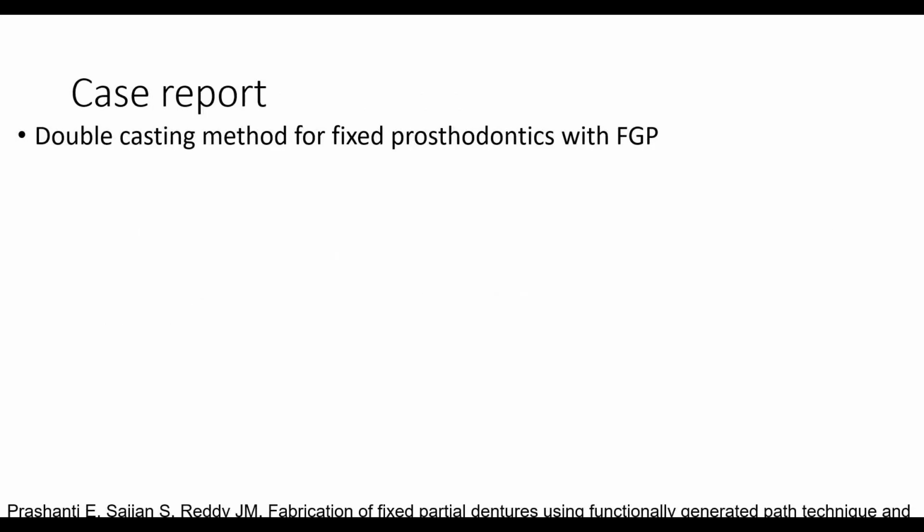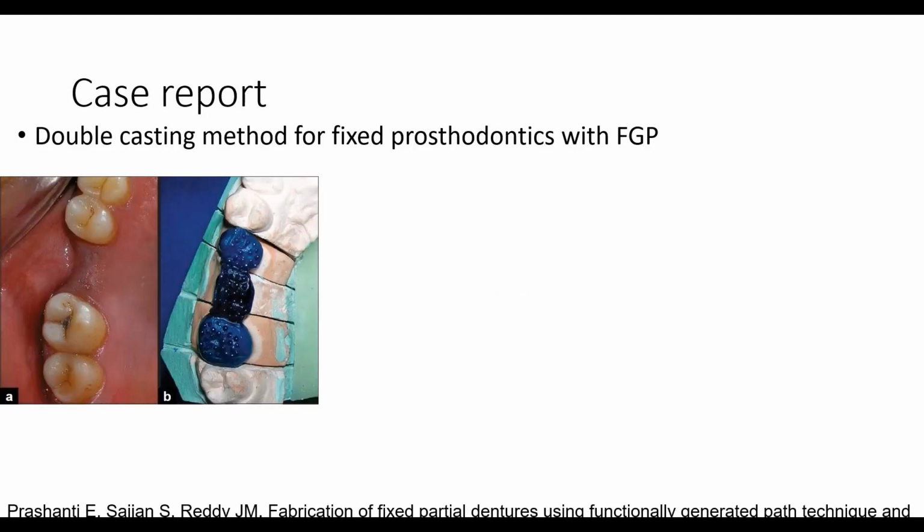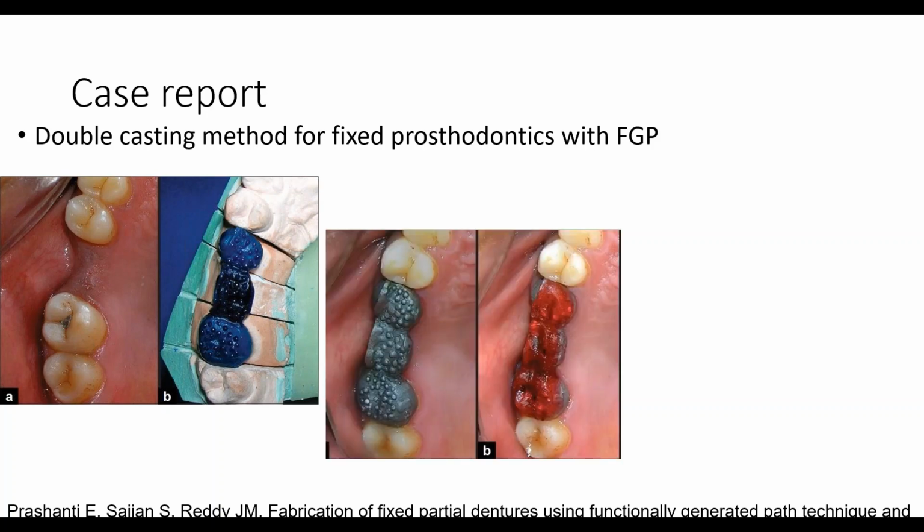Coming to the case report, the double casting method. Here, what they have done is, after the tooth preparation, the primary coping is prepared with small round wax inlays present on the primary coping. These will help retain the pattern resin once the casting is done, and this is tried in the patient's mouth. Over this primary coping, a pattern resin is added and placed in the patient's mouth, and the patient is asked to perform the functionally generated path.